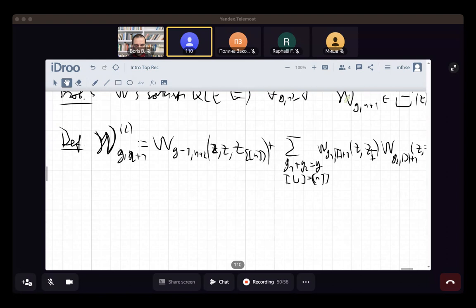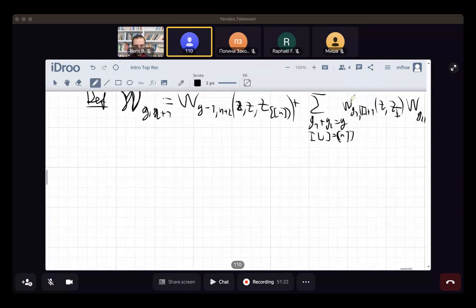So what we actually want is to obtain a formula for curly W, a similar formula as for the regular W's. And in fact, it is possible. So the claim is that for this curly W, we can write again an explicit formula.